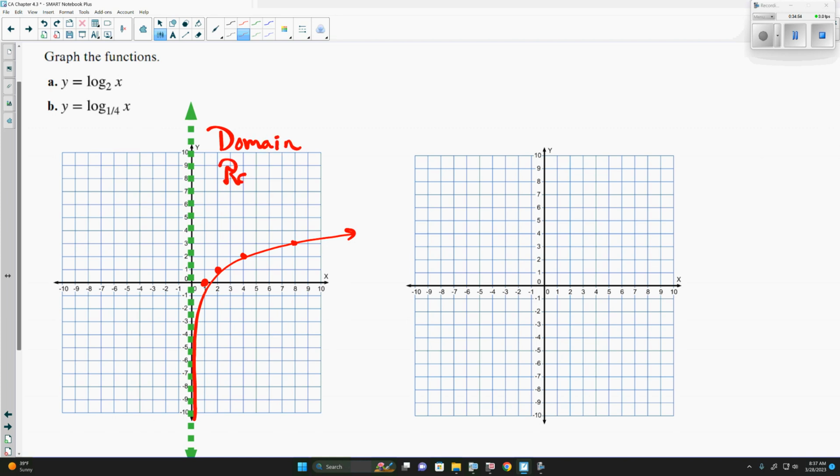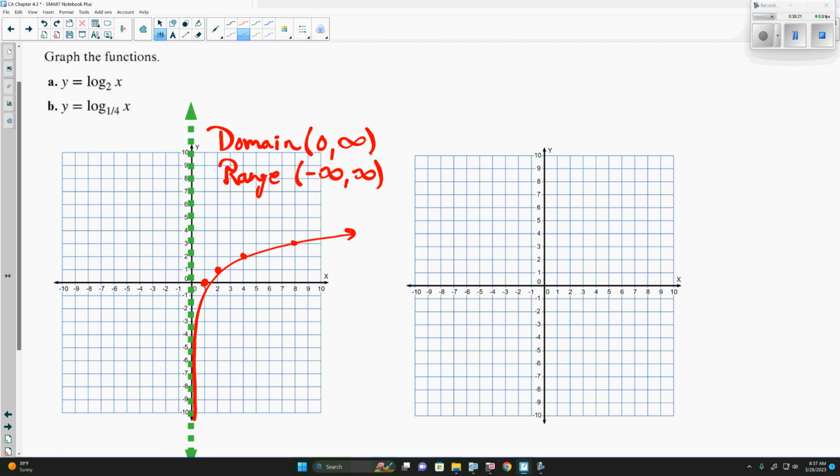Domain and range. The range for this here is going to be all real numbers, negative infinity to infinity. However, for the domain, the smallest value of x that we can have is 0. The biggest we can have is infinity because we're going to the right.